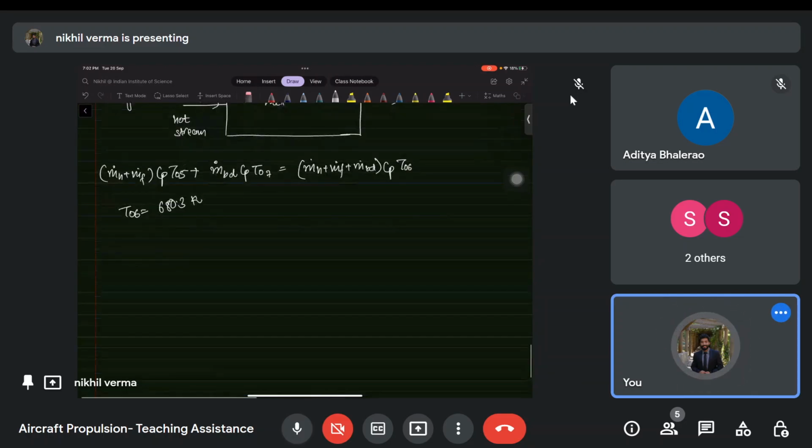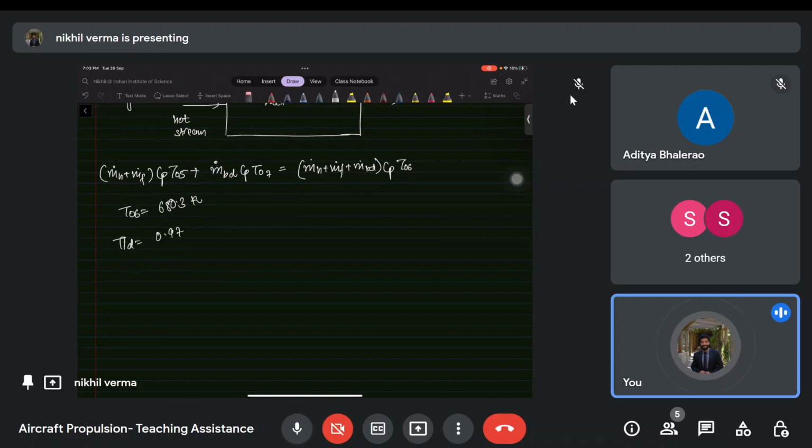Also, it is given that the pressure ratio for the duct, pi d, is 0.97.